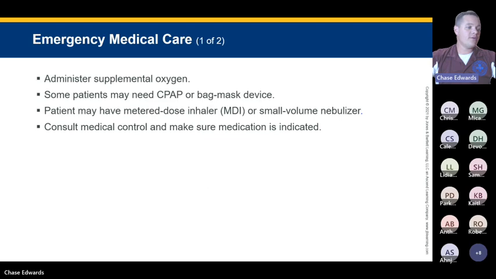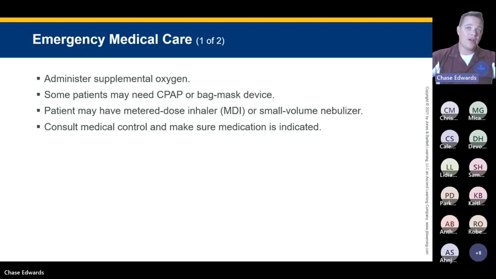All right, the emergency medical care for these patients. So management of the respiratory distress, you're looking at administering supplemental oxygen immediately, which is like your high flow O2, 15 liters a minute. You administer ventilatory support if the patient's mental status is declining.